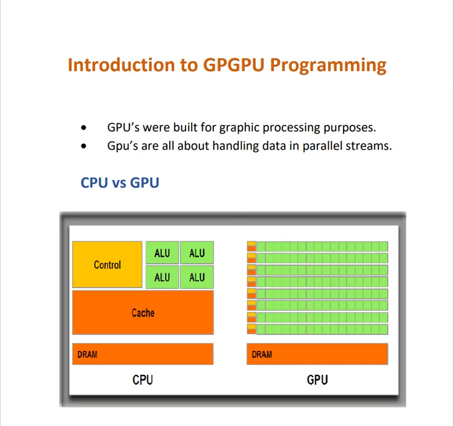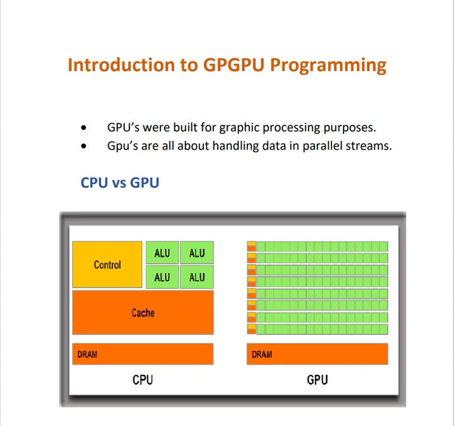The main difference between a CPU and a GPU is the speed. The speed of a CPU is less compared to the speed of a GPU, because a GPU is fast when compared with a CPU. And also, when talking about memory consumption, a CPU consumes more memory than a GPU.